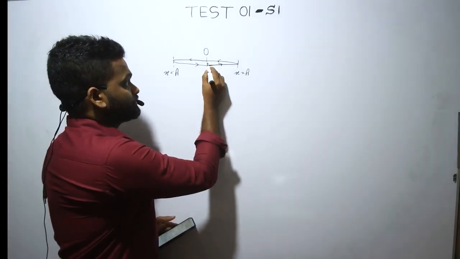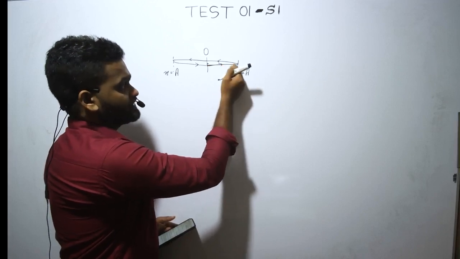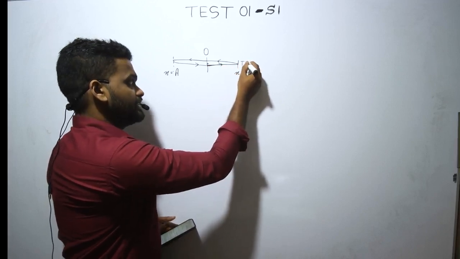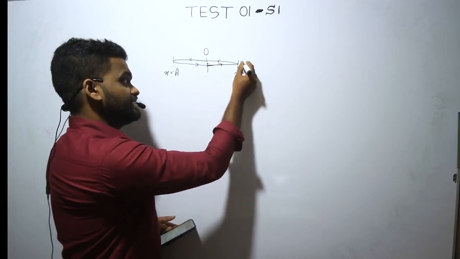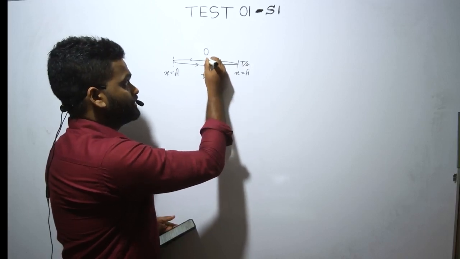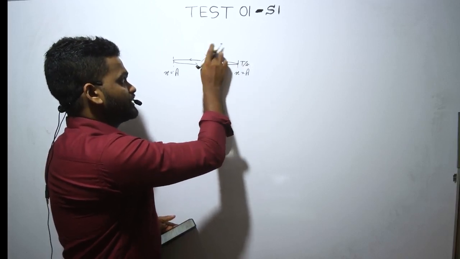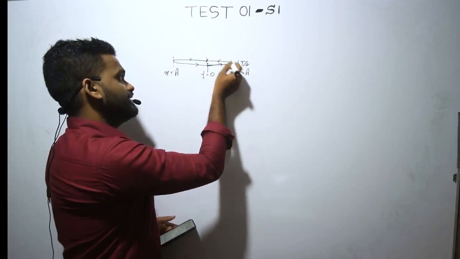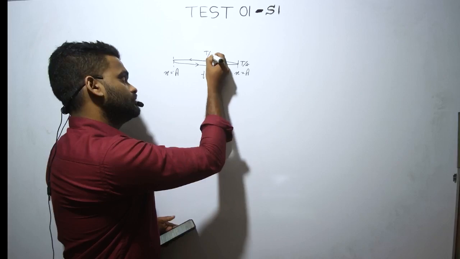So you know that from here to here, it is 1/4 of the cycle. So the time here should be T/4. If T is 0 here, here it is T/4. Then here another 1/4 of the cycle. So again, you need to add T/4. T/4 plus T/4 is T/2.